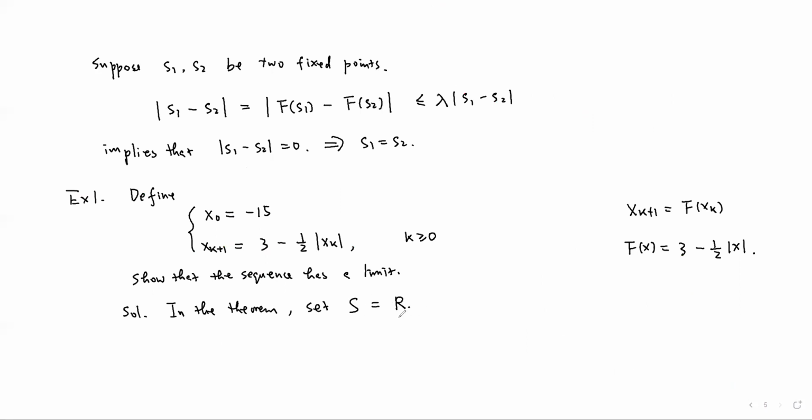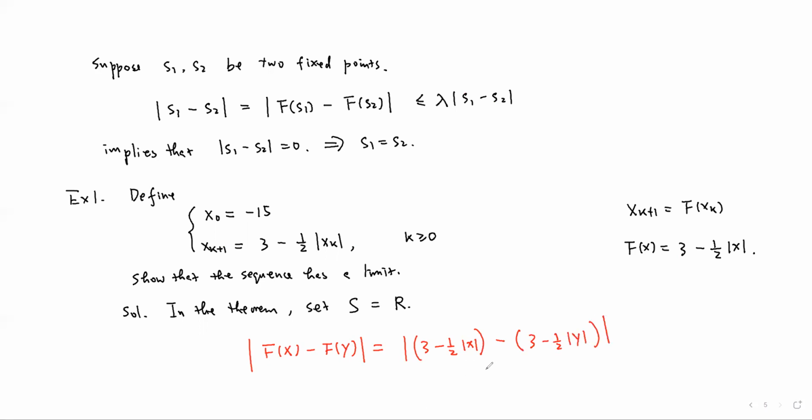Now the set is the whole real line. Arbitrarily pick two points x and y. Calculate the function: I get 3 minus 1/2 absolute value of x, minus, plugging in y, 3 minus 1/2 absolute value of y.